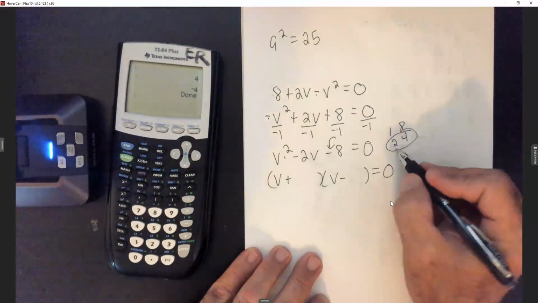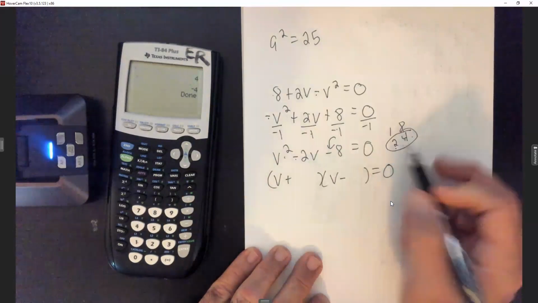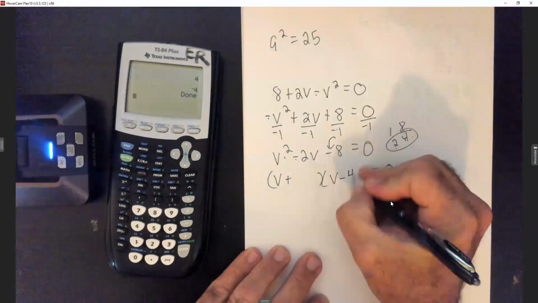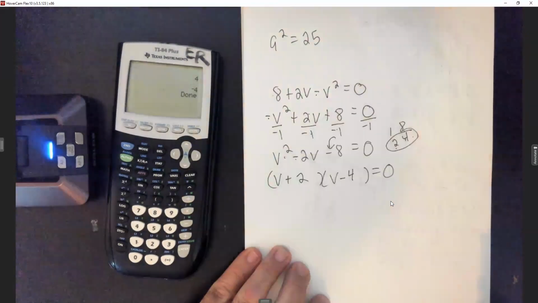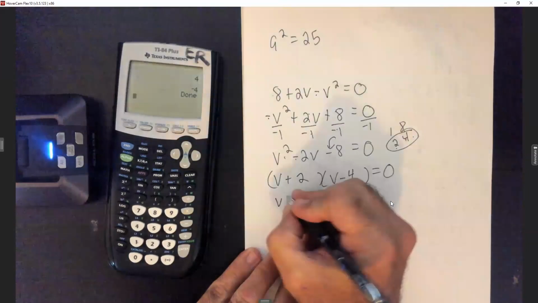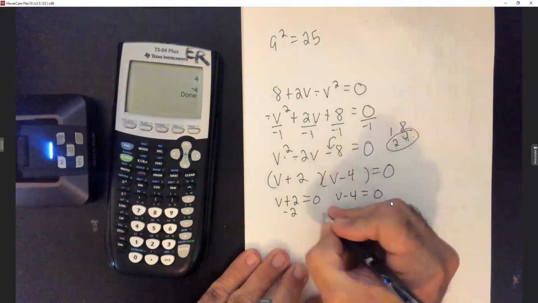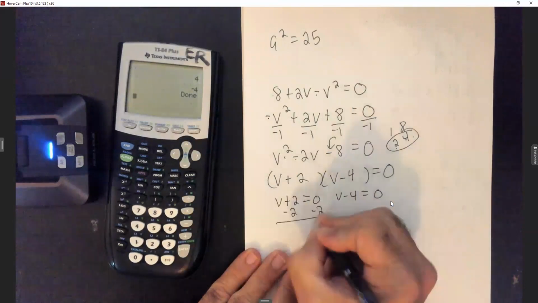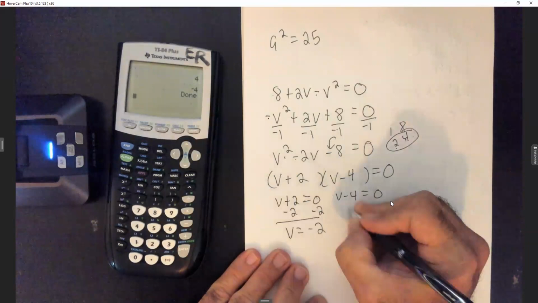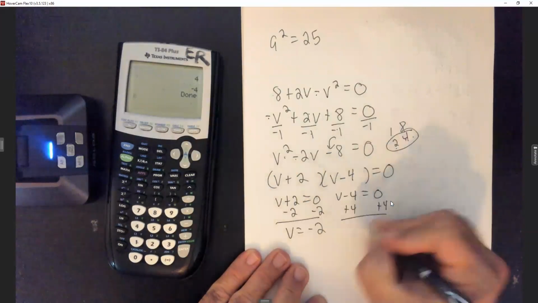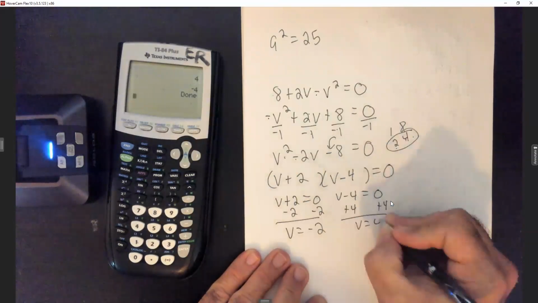Now, since the middle is negative, the larger number here will be negative. So the 4 is negative and the 2 is positive. Then you'll set both these equal to 0 and get final answers. So V would be a -2. Here you could add 4 and get V as a +4.